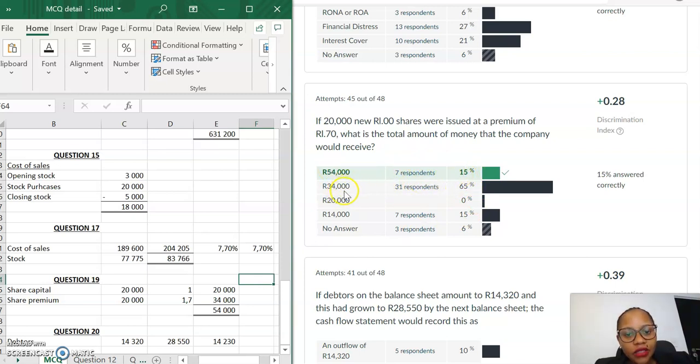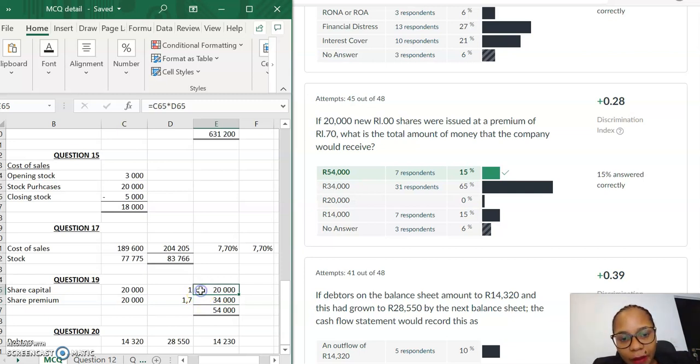A lot of the candidates got this wrong. What the candidates incorrectly did was calculate only the share premium portion. So we see 65% of the candidates thought it was 34,000. But remember, you initially also issued the shares at 1 Rand and you got an additional premium. A premium is over the initial share capital that you issued.